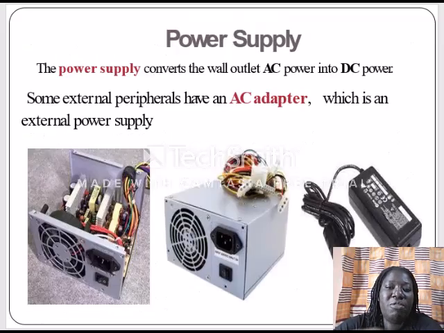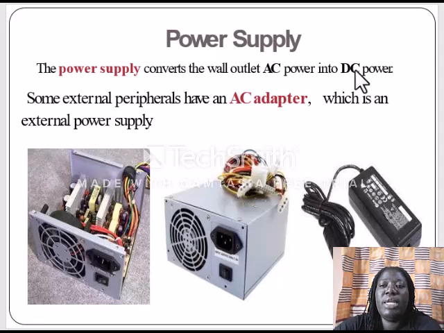Hardware has a lot of abbreviations, so we should try and keep them in mind. The power supply converts the AC outlet power into DC power. Some external peripherals have an AC adapter, which is an external power supply.